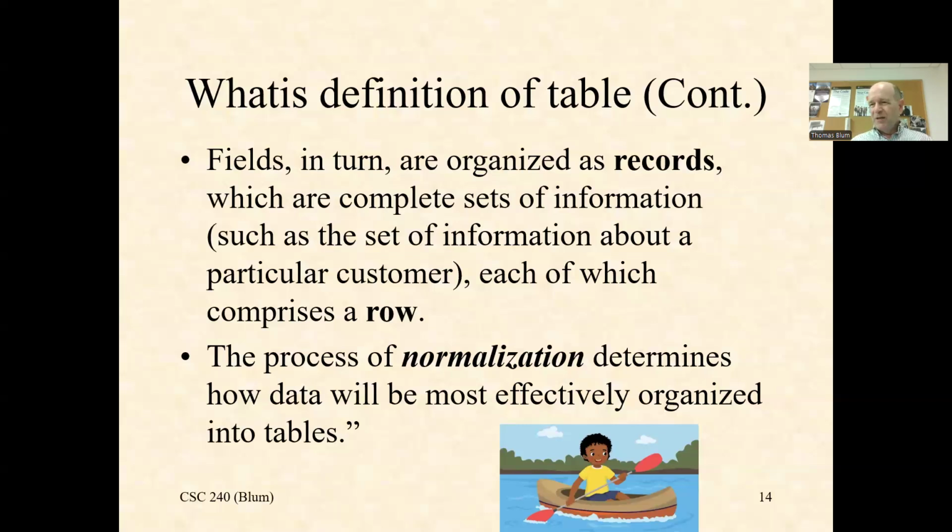Normalization is a procedure by which you determine what the correct tables will be in your database. Much more on that some other time. This is just introducing the idea.